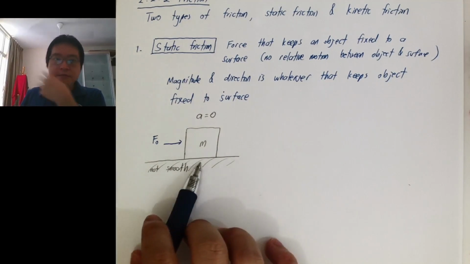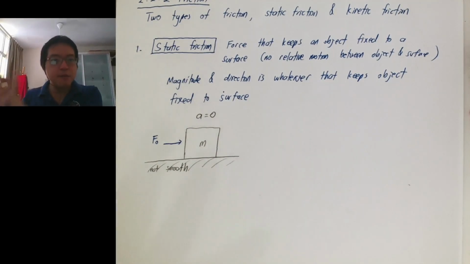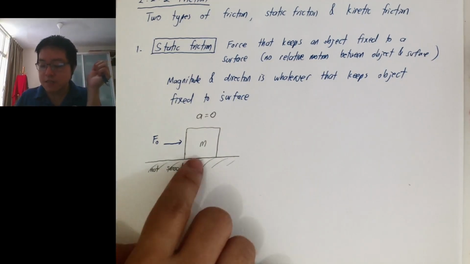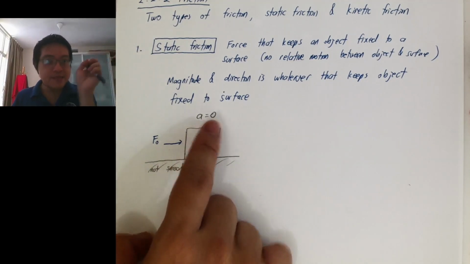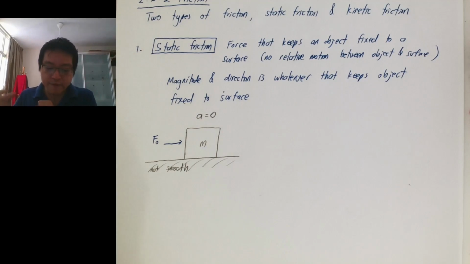But it seems like if I exert a force, the box cannot move. Why can the box not move? The box cannot move because the acceleration is 0. That means something must be causing it to have 0 net force.